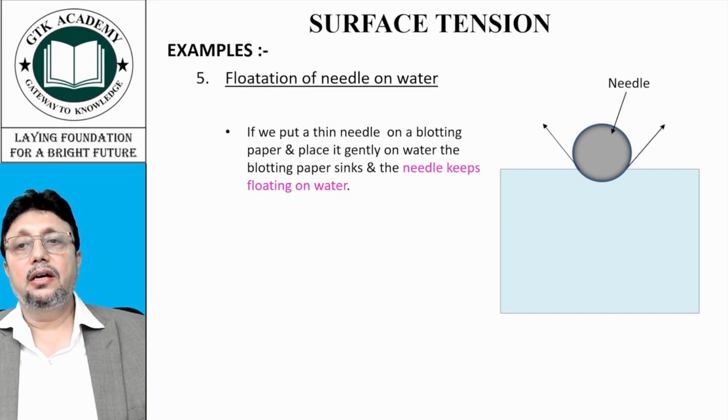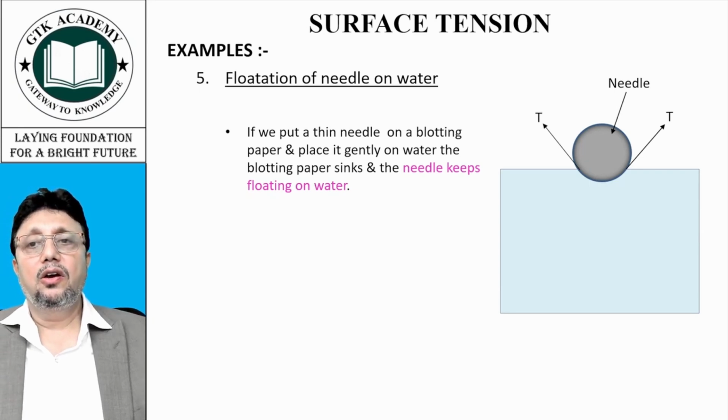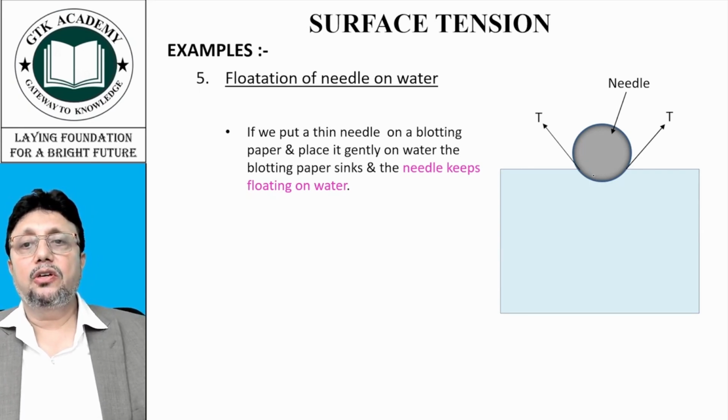How? Say, this is the force of surface tension which acts on this surface, which is in contact with the needle. Now what happens? The weight of the needle, mg, acts downwards, and there are two components of this force.